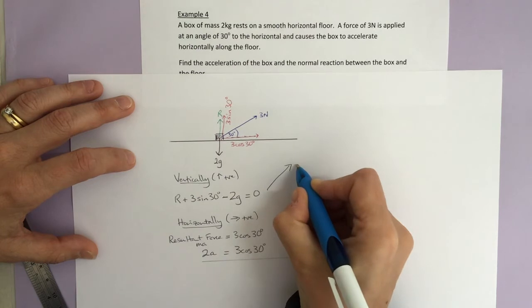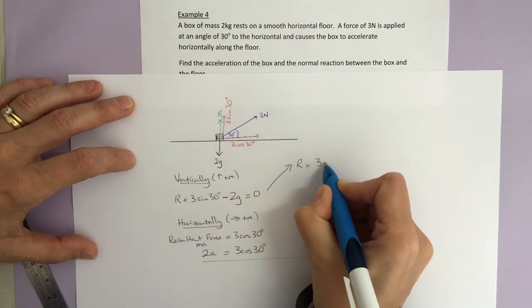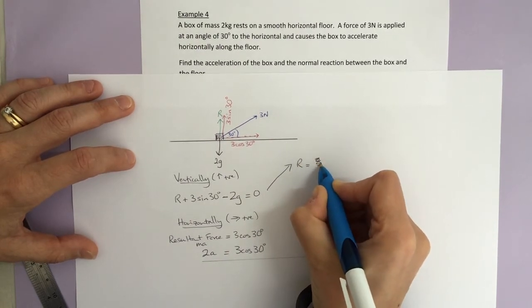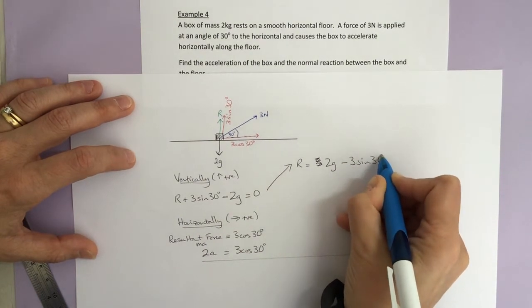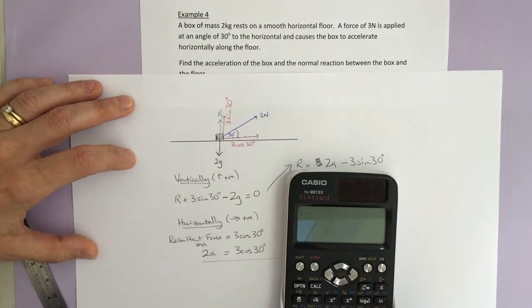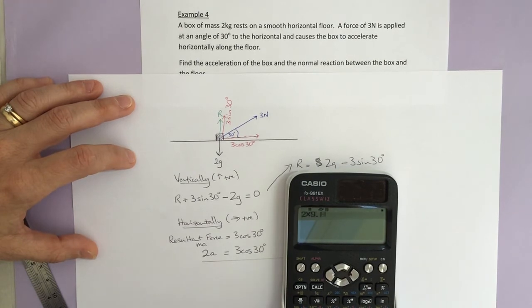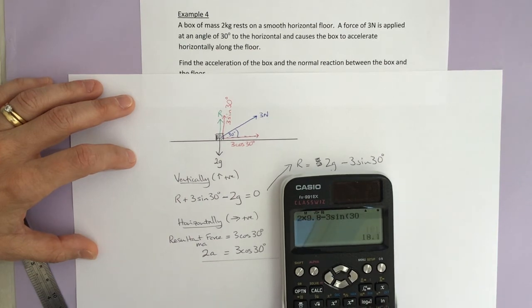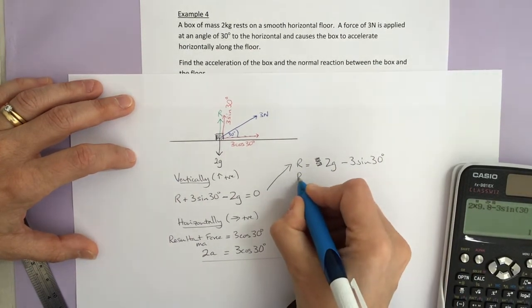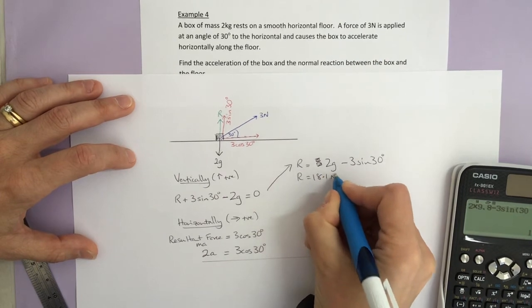So from this one, my reaction force is going to be 2g minus 3 sin 30 degrees. So 2g minus 3 sin 30, and that's going to give me 18.1 newtons.